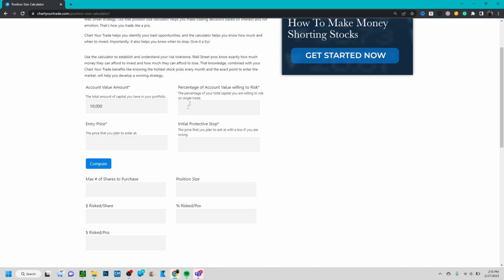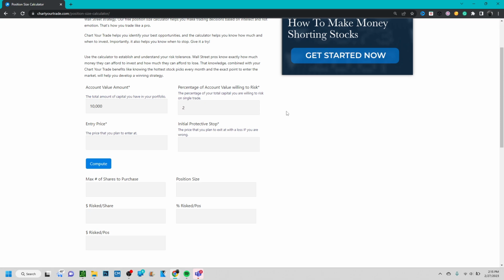Next, we want to determine the percent of account we are willing to risk. This is the percentage of your total capital you're willing to risk in a single trade. I recommend people do 1 or 2%. Risking more than that can really damage your account. I know there's some traders out there that like to risk 5%, but I really recommend doing no more than 2.